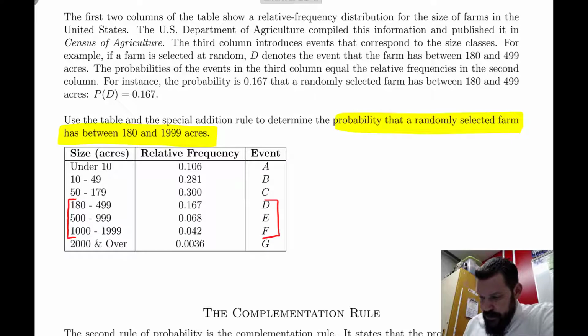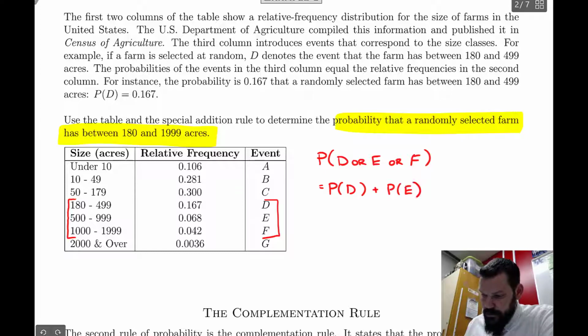So what we're looking at is the probability of D or E or F, which using the special addition rule is the same as the probability of D plus the probability of E plus the probability of F.